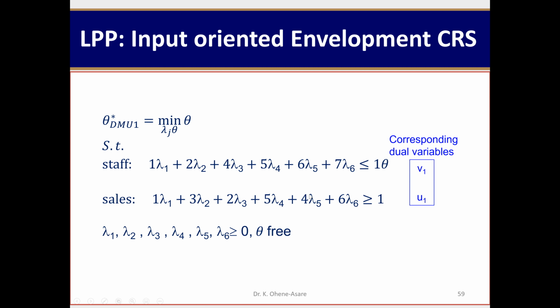The sales formulation is all for the output, which in the multiplier was U1. But here they are all being given lambda because the weight is assigned to the firm and not just to the input and output variables, but assigned to the firm here. And that is why they will have the same weight.